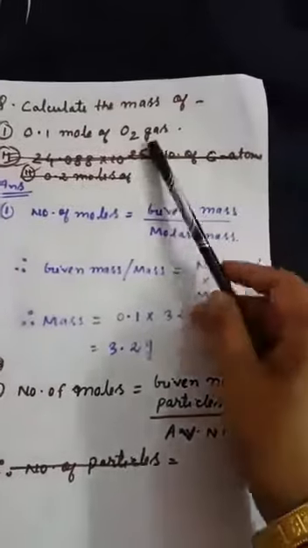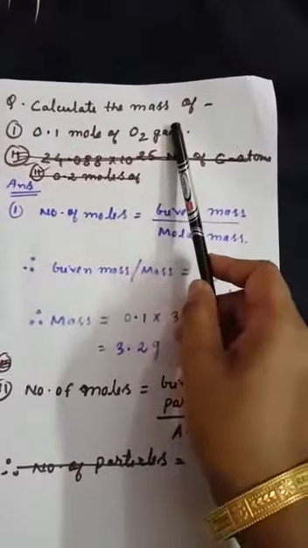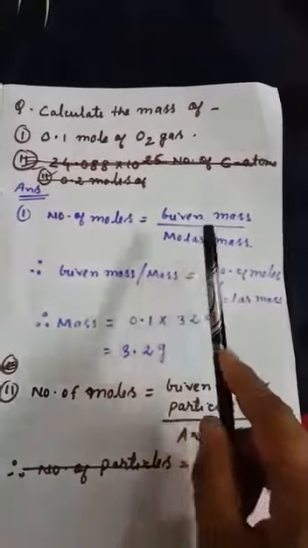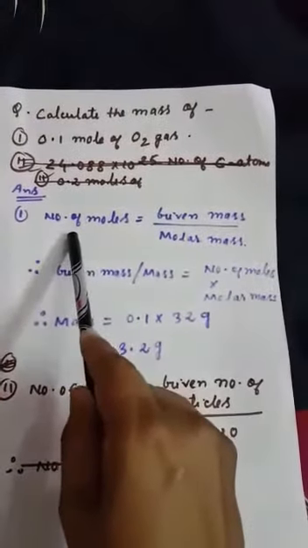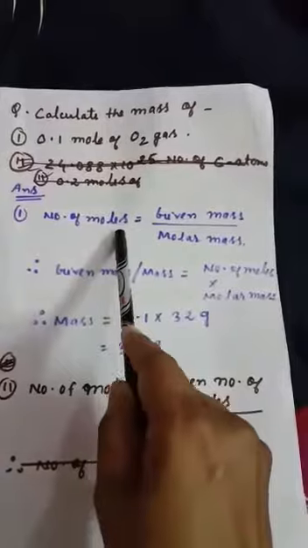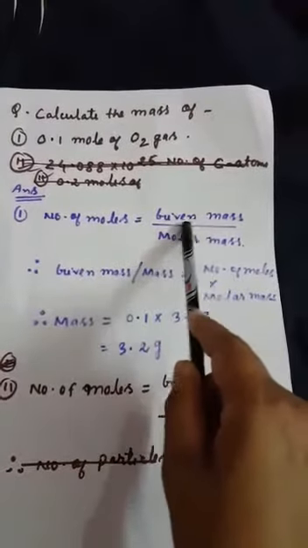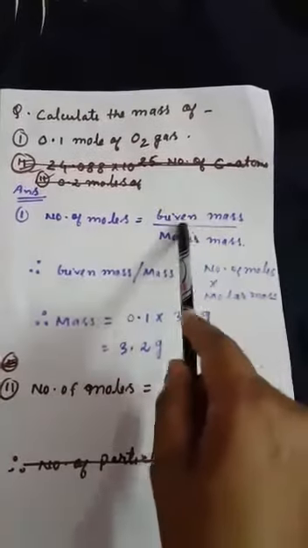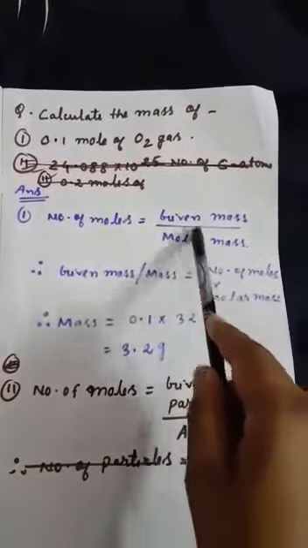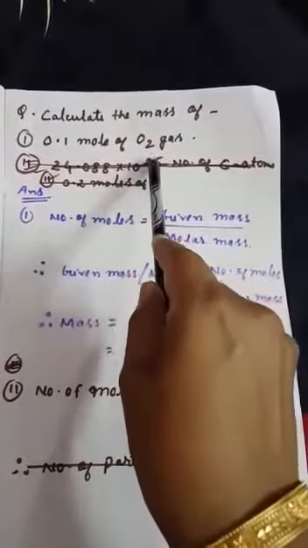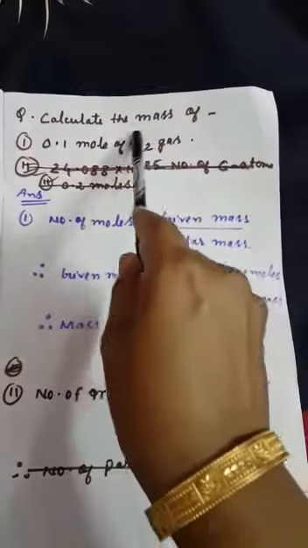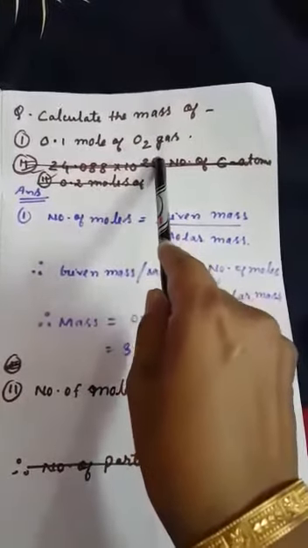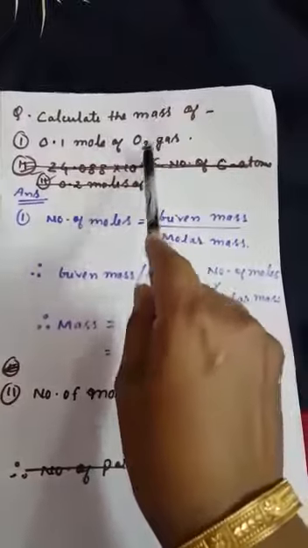Now similarly, if the question says calculate the mass, from that formula only you can find it. Calculate the mass of 0.1 mole of oxygen atom. Now this 0.1 mole means number of moles is given. You need to find the given mass, which you don't know, that you have to calculate, and molar mass will be the mass of that particular substance. So here O2 gas is given, oxygen molecule O2, so mass is 32 grams. 16 plus 16, 32.